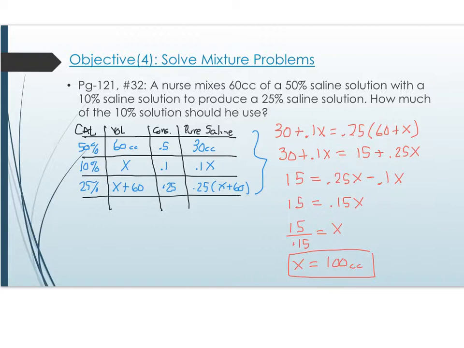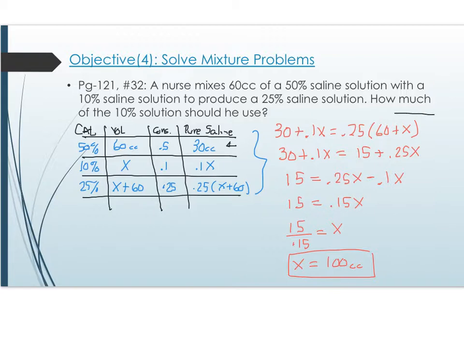The concentrations are now put in decimal form: 0.5, 0.1, and 0.25. So for pure saline volume, 0.5 times 60 is going to be the 30 cc's. The 10% is going to be 0.1x, and our total is 0.25 times (x plus 60).